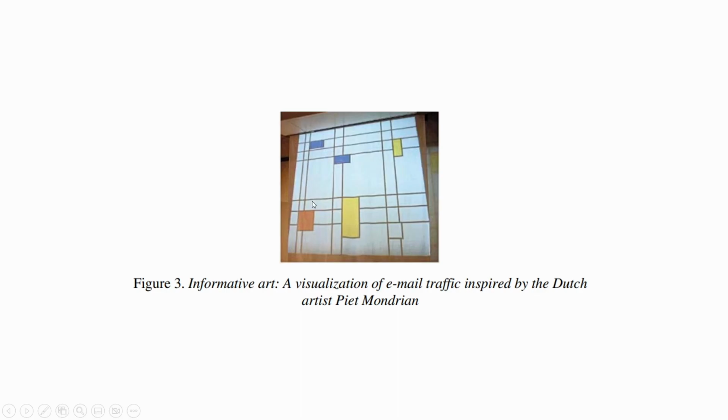They classify the usage: red means high traffic, yellow means little traffic, and blue means no traffic at all, which means that person doesn't send email at all.